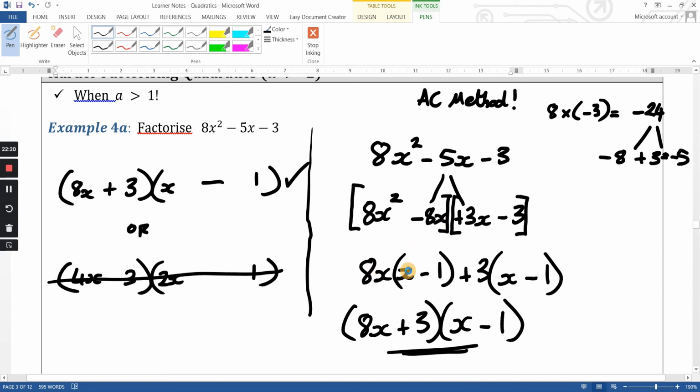If you can't put them straight into double brackets straight away, you're going to have to do the AC method. It's going to take a bit of time, so you'll have to weigh up all those options. It totally depends. If you're really good at seeing where numbers should go, then maybe just go straight into double brackets, get your answer. If you're not so good at that, then maybe try the AC method.